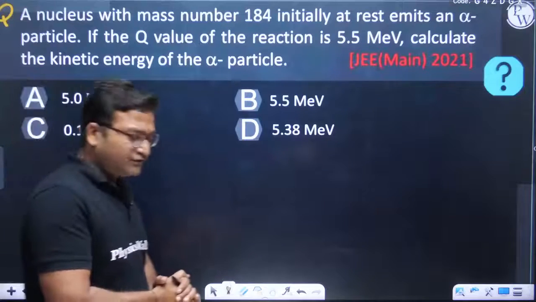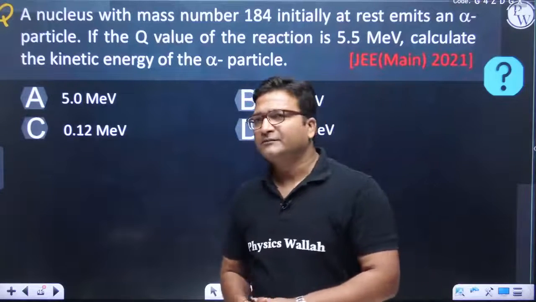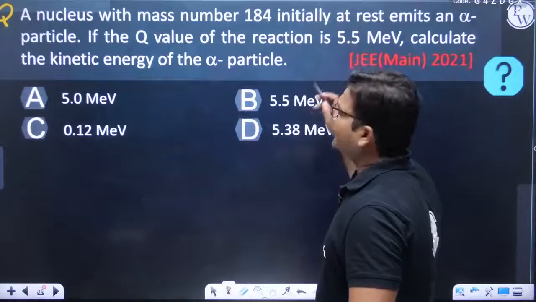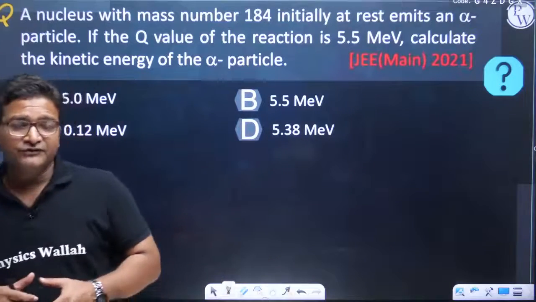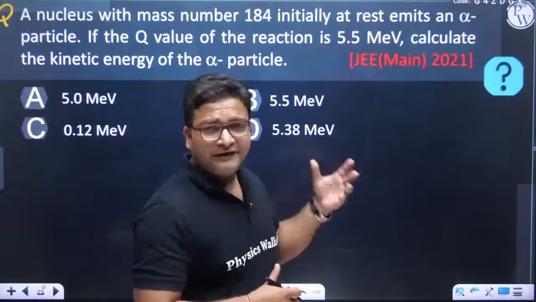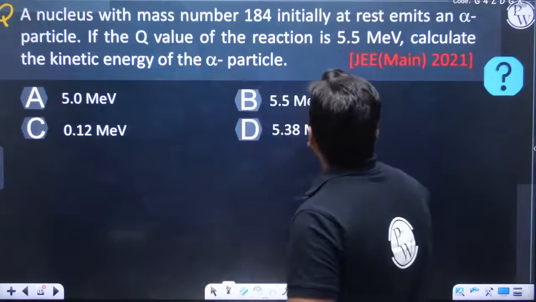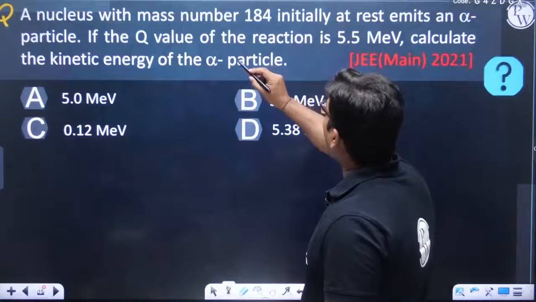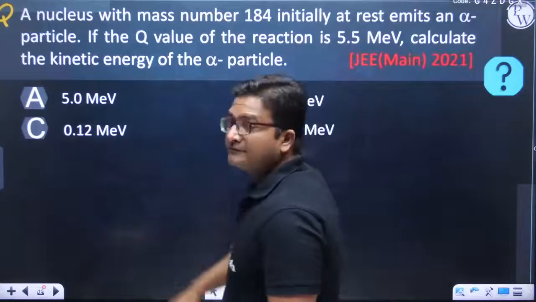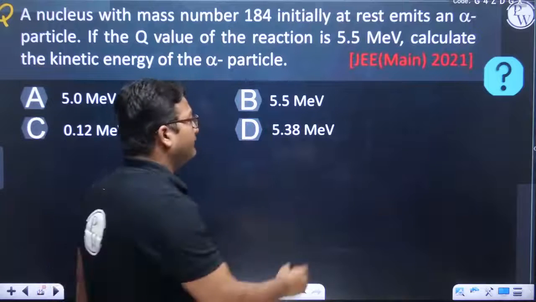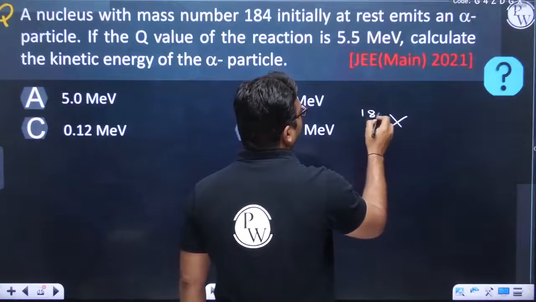So we have this question. Let us solve this. This says a nucleus with mass number 184 initially. We know that an alpha particle is usually emitted when the mass number is more than 210, but if they are saying it, we have to believe this. So the nucleus, which is initially at rest, emits an alpha particle. Say we have a nucleus X of mass number 184.